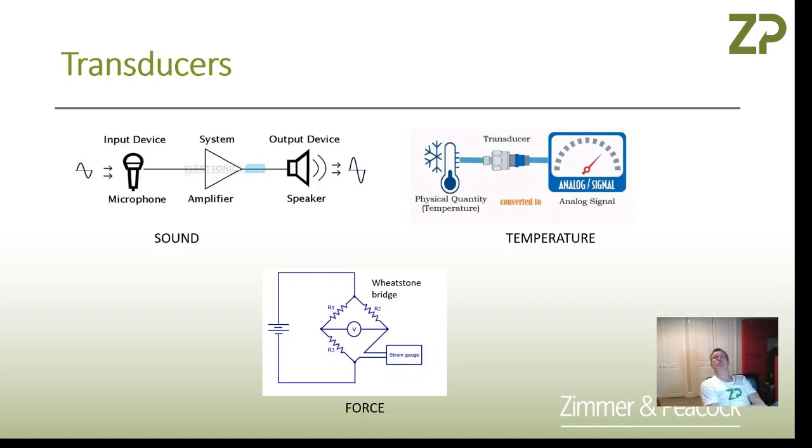For example, a water wheel is converting the energy of the water into rotational energy for grinding wheat. That is a transducer. The last transducer I have on this slide is a mechanical transducer. There are lots of things like weight or load or pressure or strain. You are deforming a material and its resistance is changing.